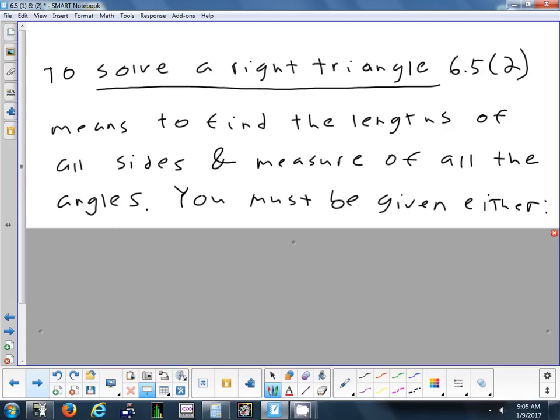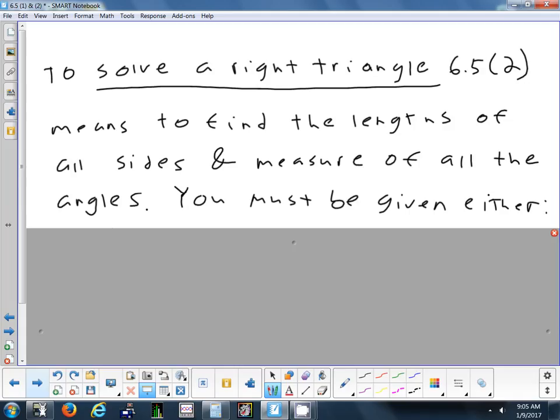Does anybody know what I have to give you in order to be able to figure out all the sides and all the angles? The minimum I have to give you. And there's actually two cases. And then they're giving us a trig function, like sine of theta. So if I gave you a trig function, that would be like I'm giving you two sides.